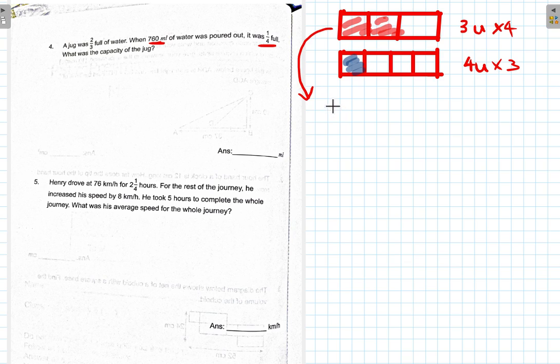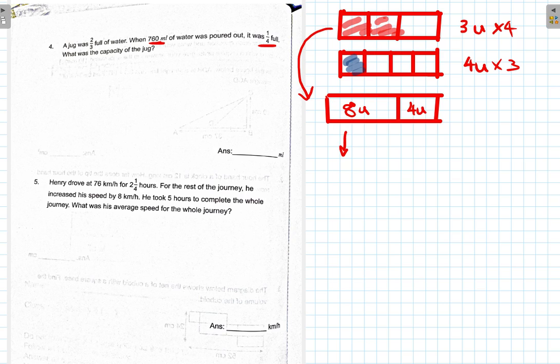This is a new one. Because here is 2 units. 2 times 4 is 8. 8 units here is filled with water, and then 4 units is the empty one.